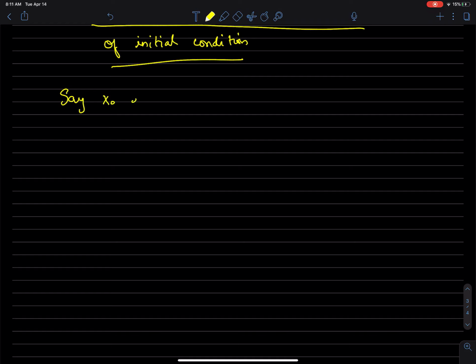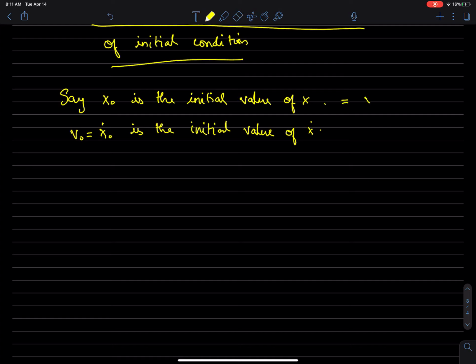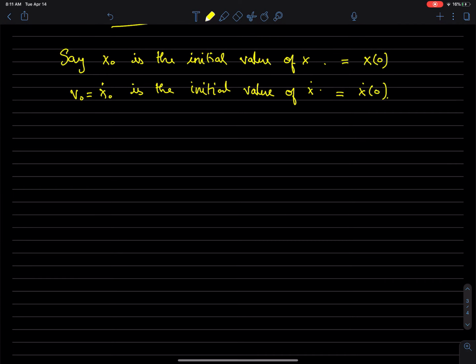Say x naught is the initial value of x, and x dot naught, sometimes called v naught, is the initial value of x dot. So basically x naught equals x of 0, and this is x dot of 0. So let's use those. We recall x of t is a cosine omega t plus b sine omega t.